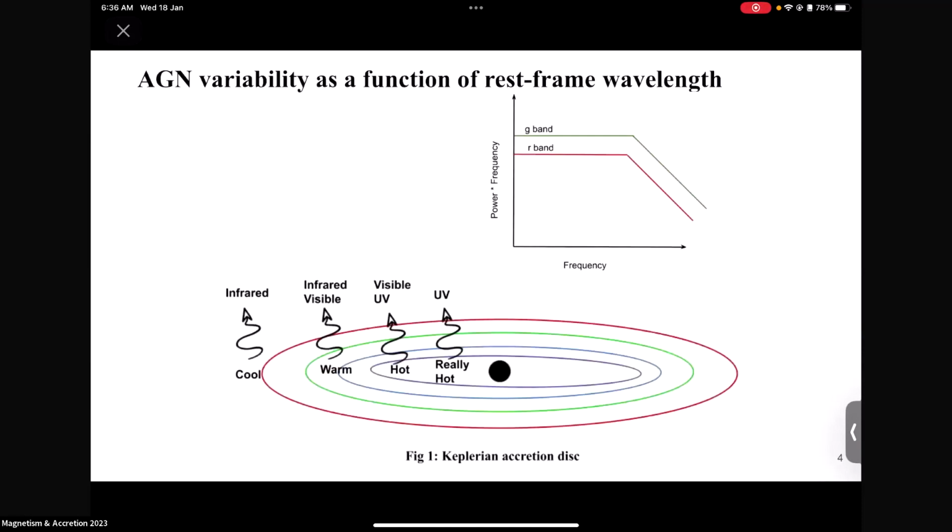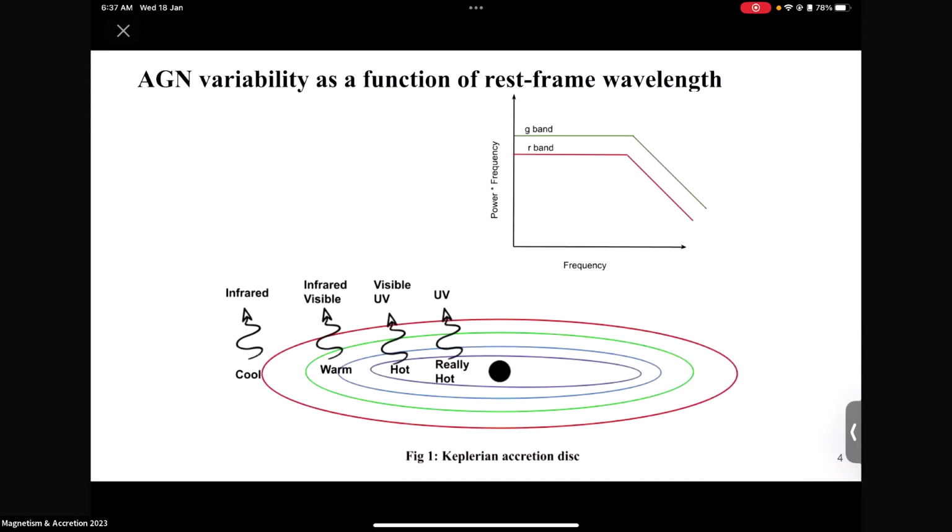So here at the bottom, this is the cartoon for the Keplerian accretion disk. In the center is the black hole, and around that are the different annuli which represent the accretion disk. The assumption is that this accretion disk emits black body radiation. So we expect a higher temperature near the center, and then the temperature decreases as we move outward in the accretion disk.